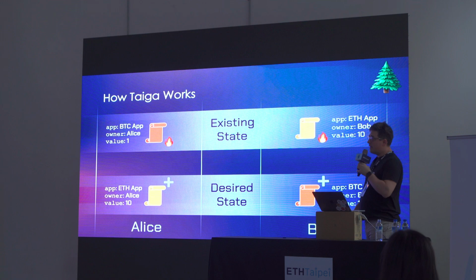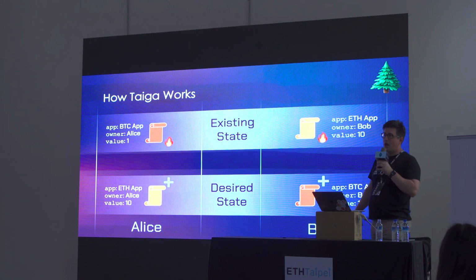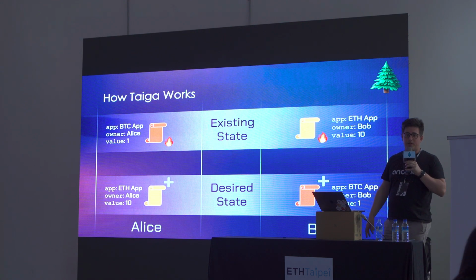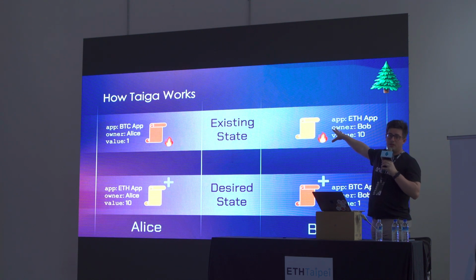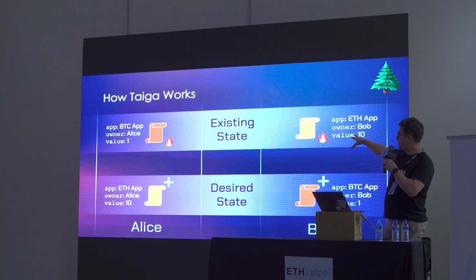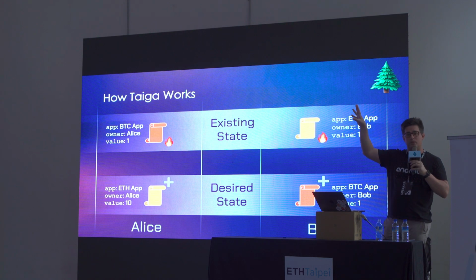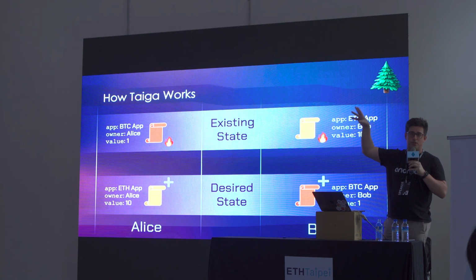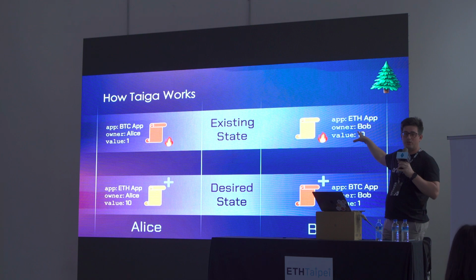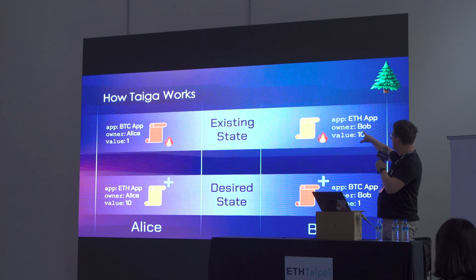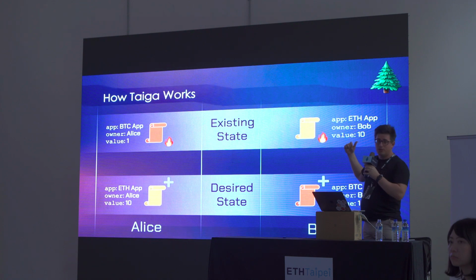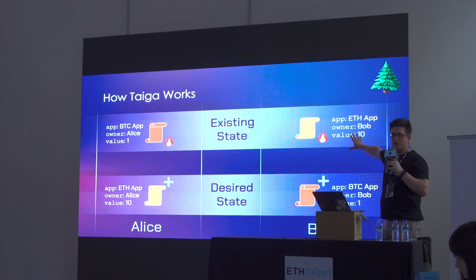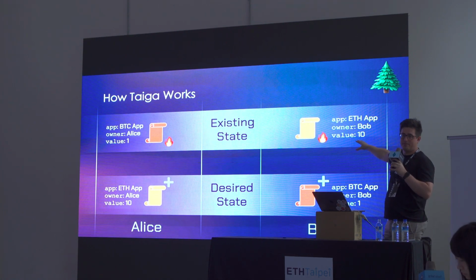Okay, so all the apps in Taiga are validity predicates, and all the apps are stored in nodes, and the nodes themselves are the state. The nodes have a reference to an app that governs them, to a circuit that governs a particular type of node. So this Ethereum node and this Ethereum node are different nodes, but they have a reference to the change to the state that happens for the Ethereum app.